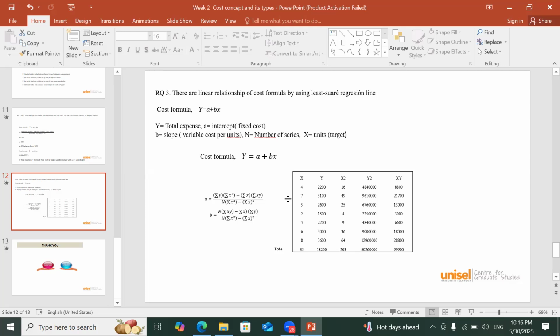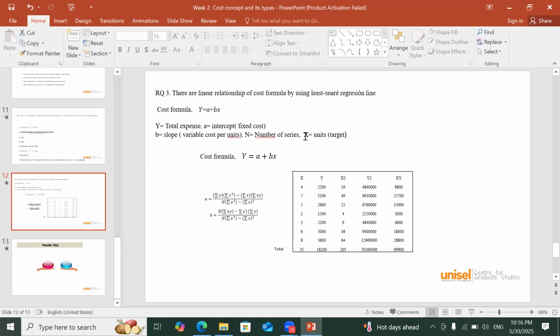This is A. And B is n into summation xy minus summation x into summation y, divided by n into summation x square minus summation x whole square. This is B. A is equal to fixed cost, B is equal to variable cost, and n is equal to number of series.